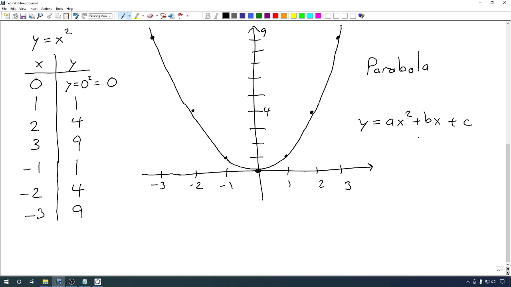But when we have an equation like this, it's called a quadratic. And the graph of any quadratic equation is a parabola. It has this same basic shape, but the a, b, and c's will determine the scale and the location of the parabola. So this could be moved around and shrunken or expanded, all that kind of stuff.